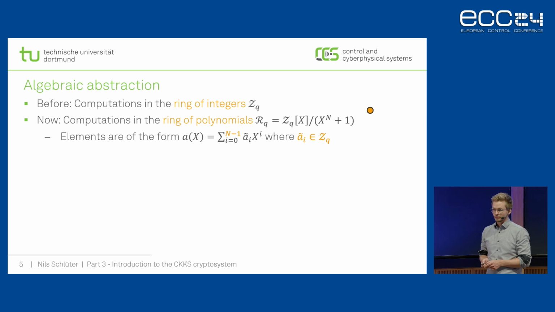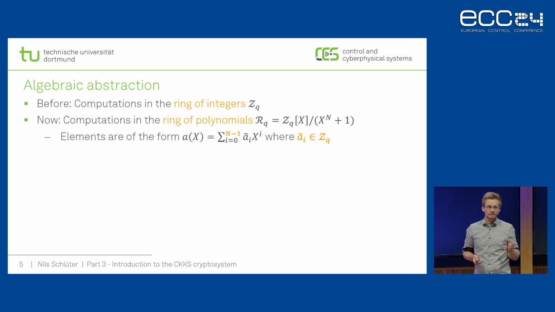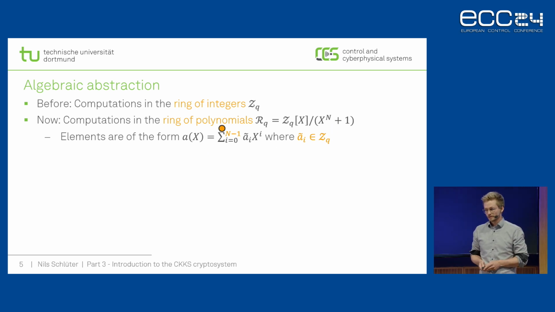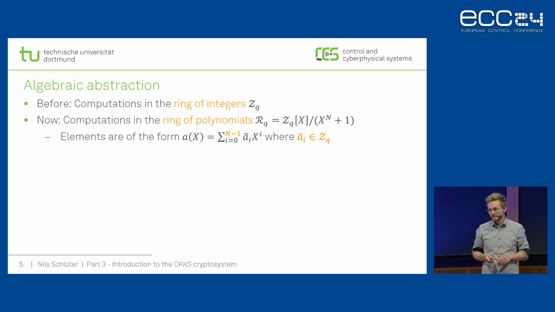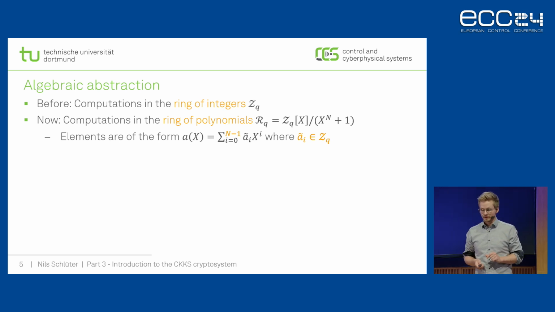Afterwards, they're reduced with this irreducible polynomial. What this actually means is that you have elements that are these polynomials a of x. They have a degree that is limited by n-1, so you never have a polynomial with a larger degree than that. And the coefficients are from this finite set ZQ. The coefficients are denoted with a tilde.